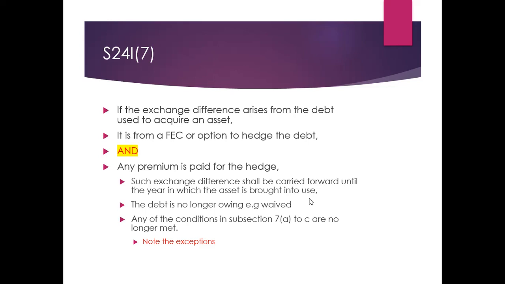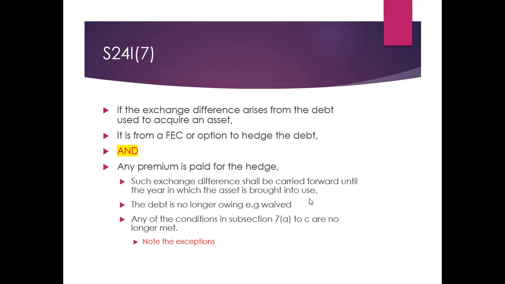Let's say, for example, the supplier wrote off the debt, he waived that debt, so that debt ends. Now you can include those amounts that you carried forward before, or any of the conditions of subsection A to C are no longer applicable. Like I said, there's an "and", which means all 3 conditions should be there to apply.